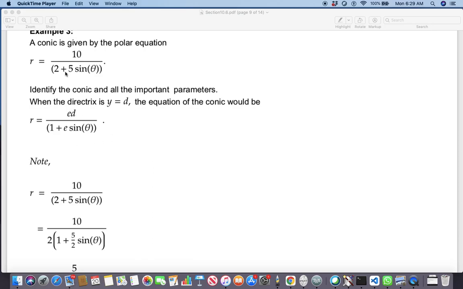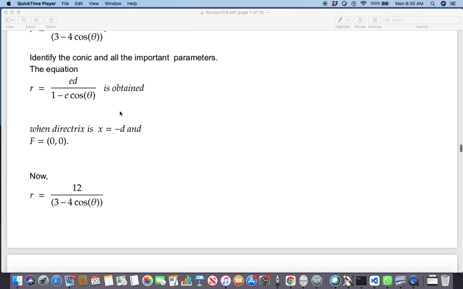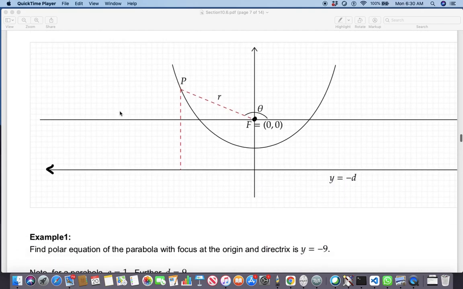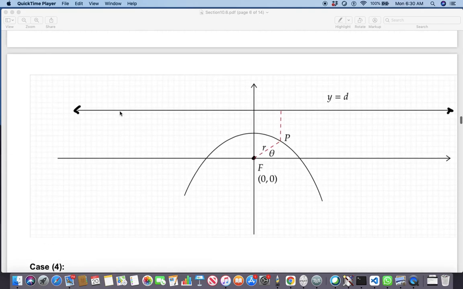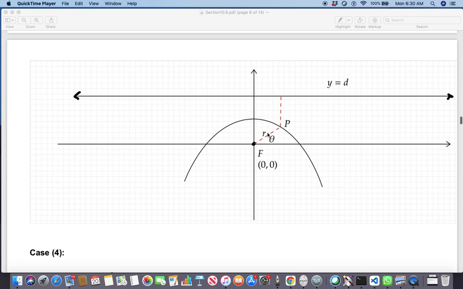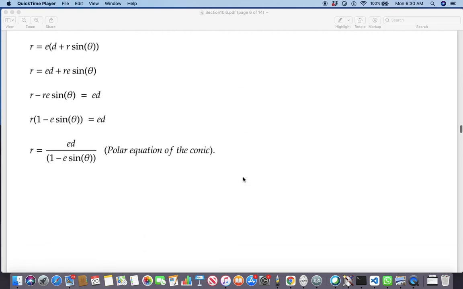The plus here tells me the directrix is above the x-axis.